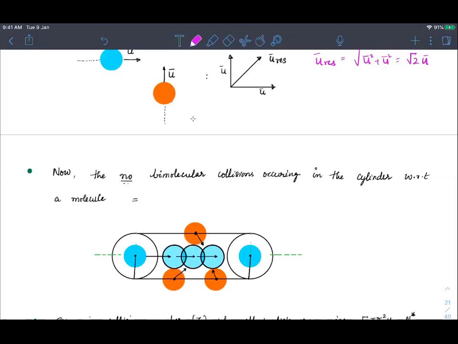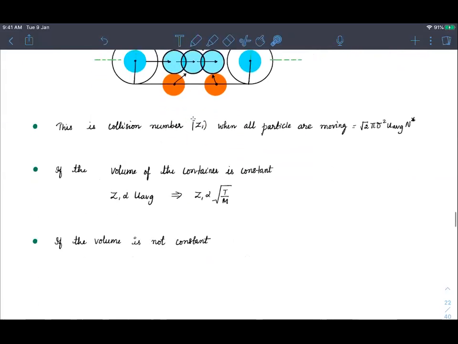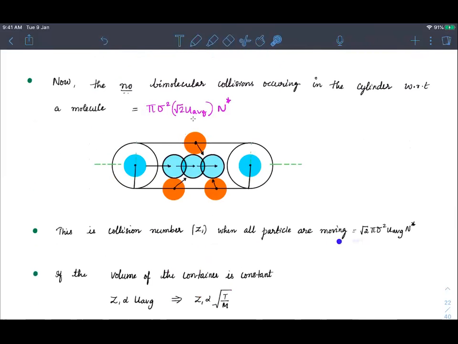And that's what we will write here: pi sigma square, and U bar I will write as root 2 U average, because now that speed has changed to average speed, into N star. Now, this is called the collision number when all the particles are moving. And this is the most important formula here.